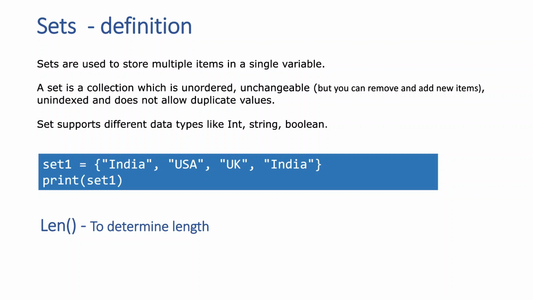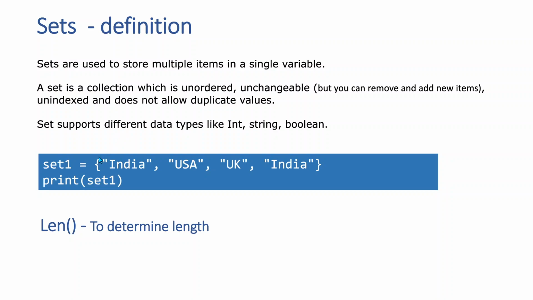Sets cannot have two items with the same value. This is the main reason why people go for the set data type. Sets support different data types like integer, string, and boolean. We also saw this example with tuples and lists. Similarly, sets also support multiple data types.